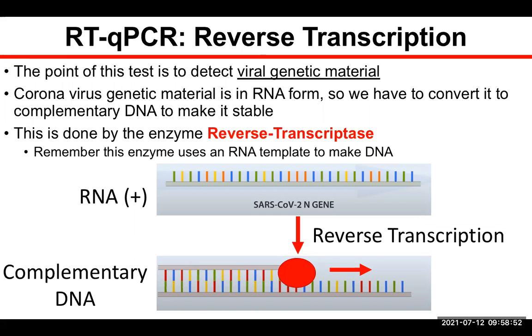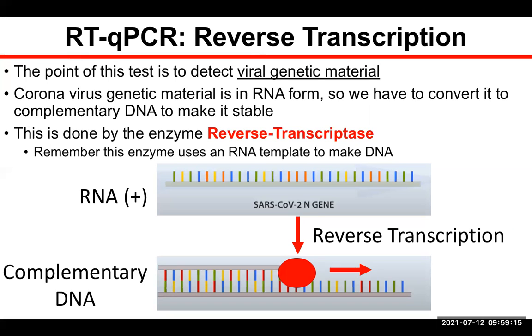Again, the whole point of this particular assay is to test for viral genetic material. And all genetic material are genes, not proteins, genes. So if we go back to the first week of material, there's going to be a lot of review and application of first week material in understanding some of these assays.